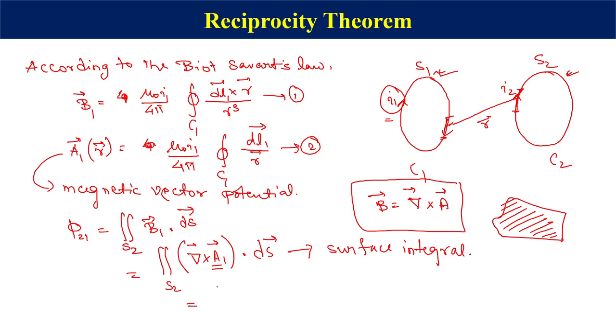You can simply convert it to the line integral over the closed line C2 of A1 dot dl2. What is dl2, by the way? dl2 is a small elementary length of the circuit C2. Suppose this is the whole line bounding the circuit C2. If you consider a small part of it and call it dl2, then all the dl2s make up the complete circumference of C2.